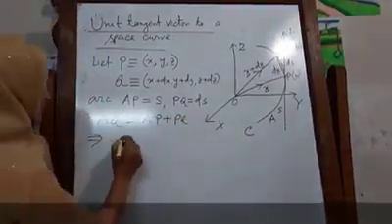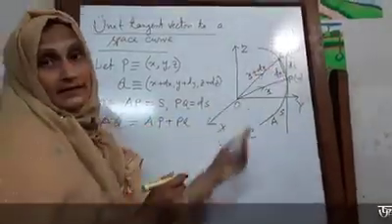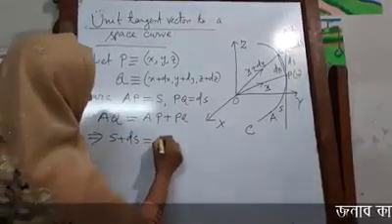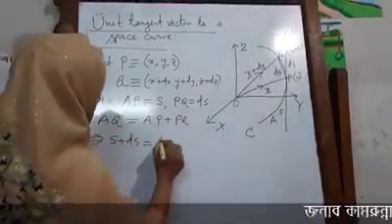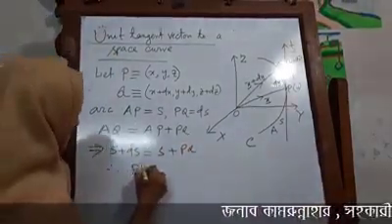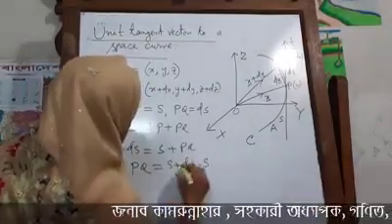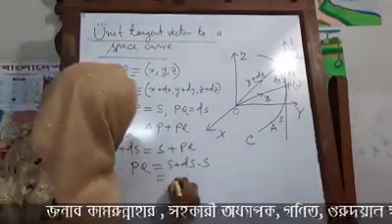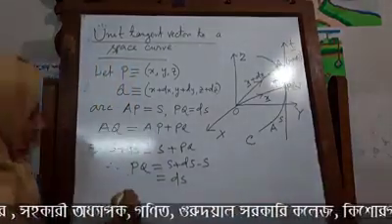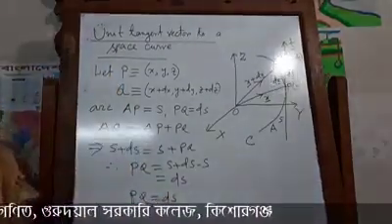This implies AQ means s plus δs, which is s plus arc PQ. So arc PQ is equal to s plus δs minus s, that is δs. We find arc PQ is equal to δs.